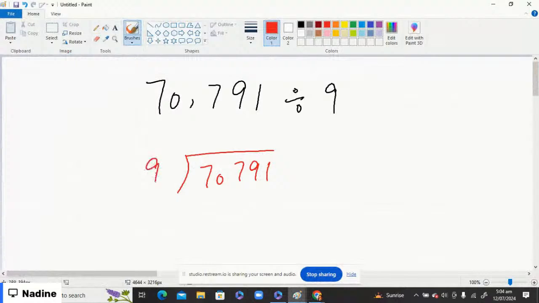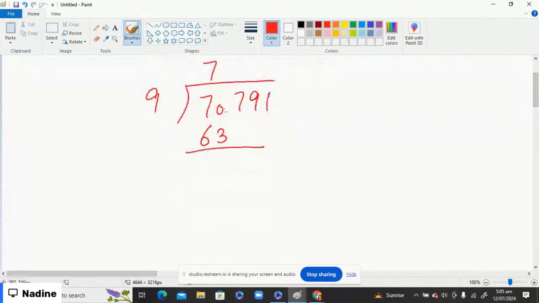Firstly, closer to that. 9 times 8 is 72, and 9 times 7 is 63. Now subtract. 10 minus 3 is 7. Putting down this 7.